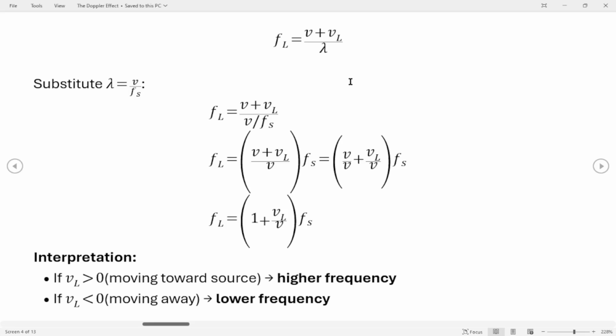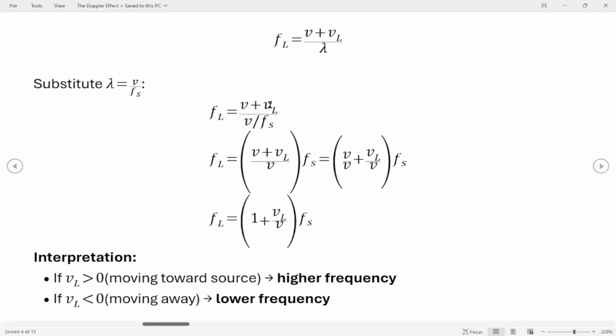So let us first manipulate this equation to arrive at the final equation for the Doppler effect. In this case, we are just going to substitute v over f sub S for the lambda here. So the equation will be f sub L equals the sum of the two velocities, the velocity of the sound in the medium plus the velocity of the listener.